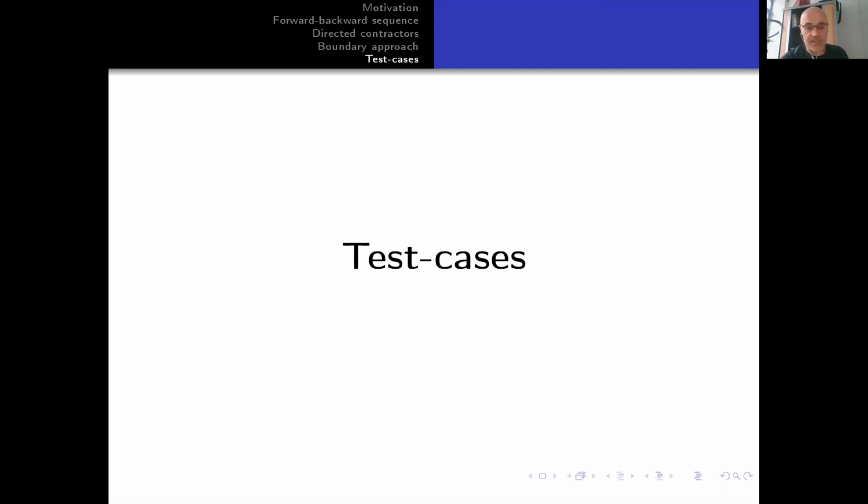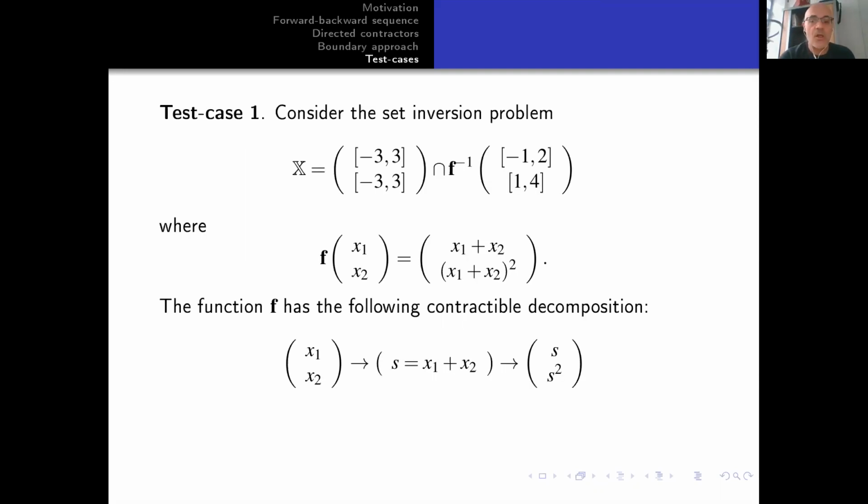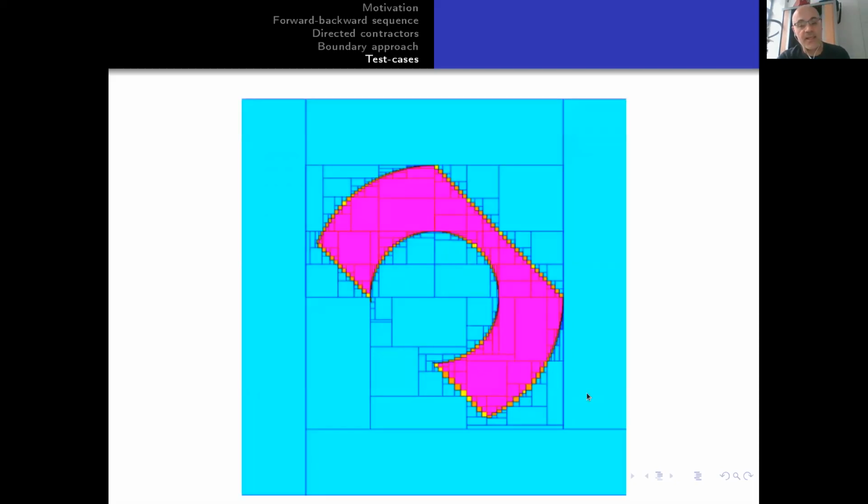Okay, so now let me present some test cases. I have my set inversion problem, as given by this expression. I have here a contractible decomposition of this function. So the sum plus s squared. So it is the way I write the contractible decomposition. And if I draw the set, I obtain the inside and the outside.